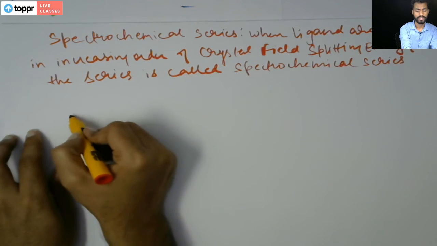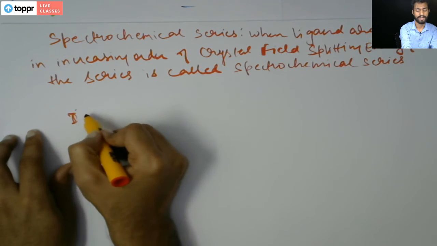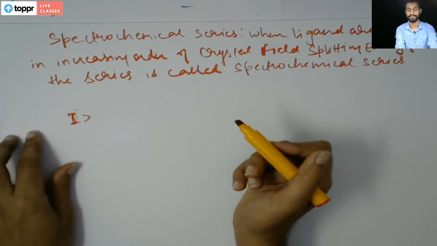Let's see a few of the common ligands. So first is I minus. This is having the highest crystal field splitting energy.